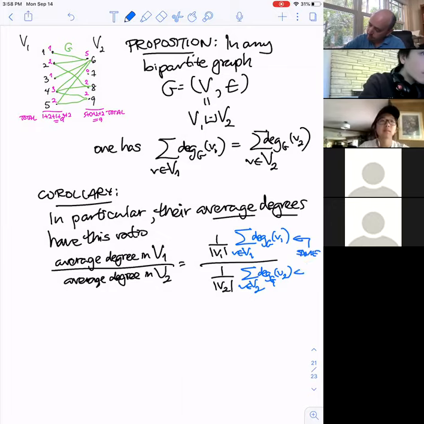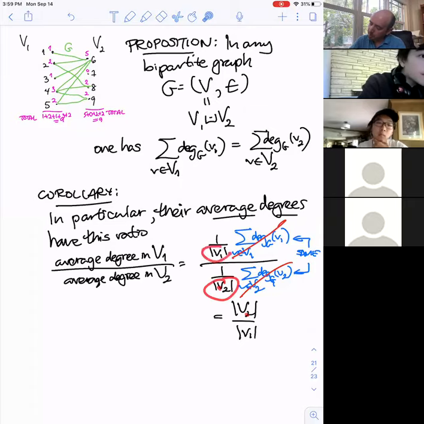Good. So we can cancel them. They cancel. This ratio is going to be the size of V2 divided by the size of V1. Everybody see what happened? The denominator here goes in the numerator, and that denominator goes into the denominator. Okay, everybody understand what's going on there?